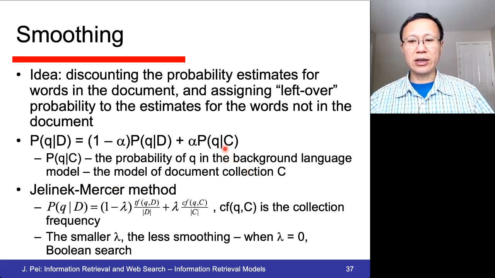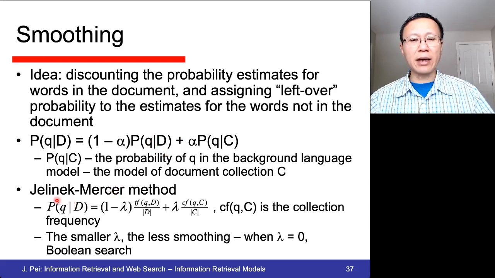Therefore, we use a large collection to estimate the probability of a term Q appearing, and use this to avoid the problem that the query term Q does not appear in the document D.